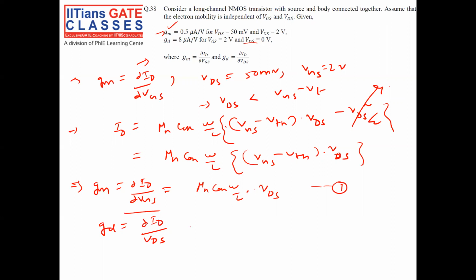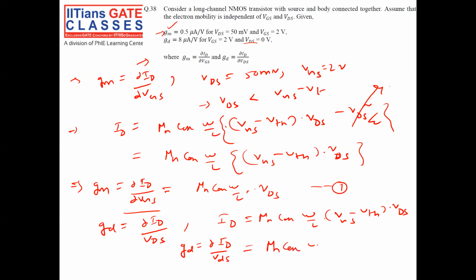So I can put the equation again same as previous, mu n COX W by L into VGS minus VTH into VDS. So what is GD? GD is equal to dID by dVDS, equal to mu n COX W by L into VGS minus VTH. This is equation 2.